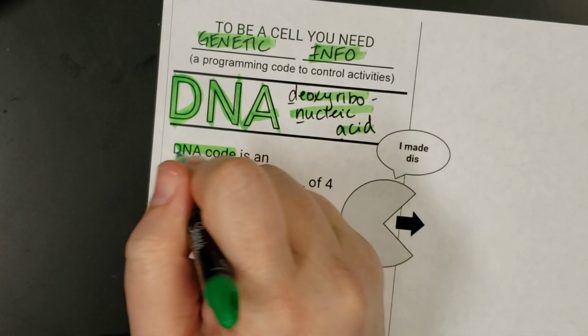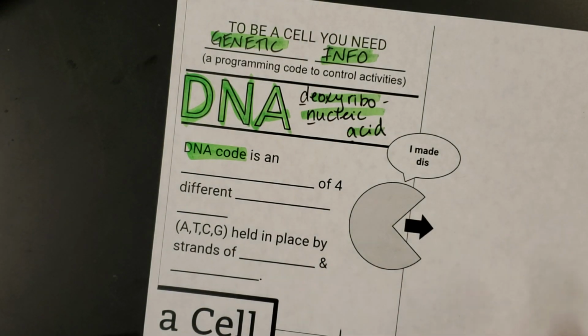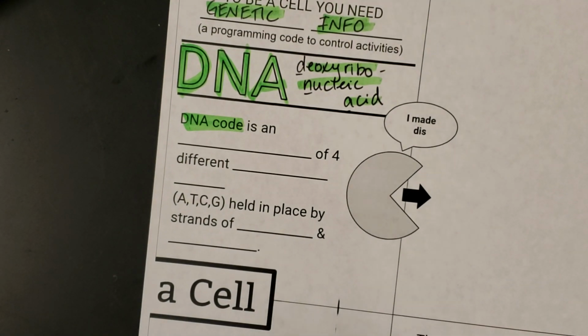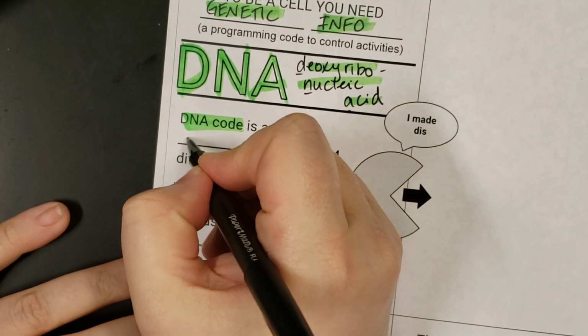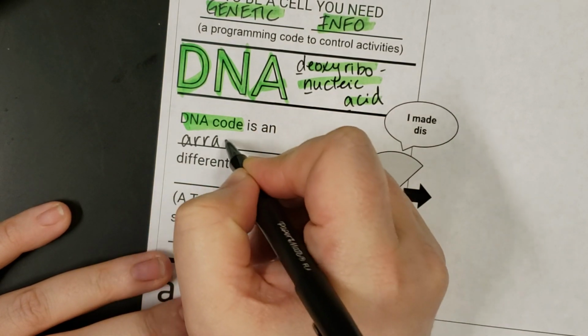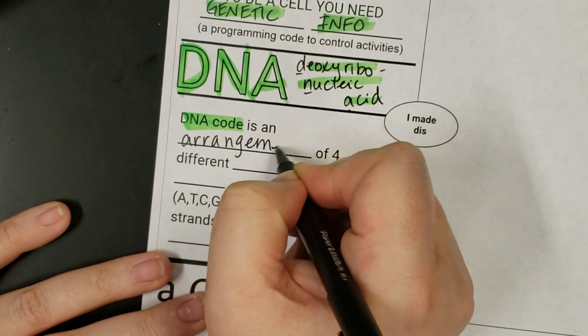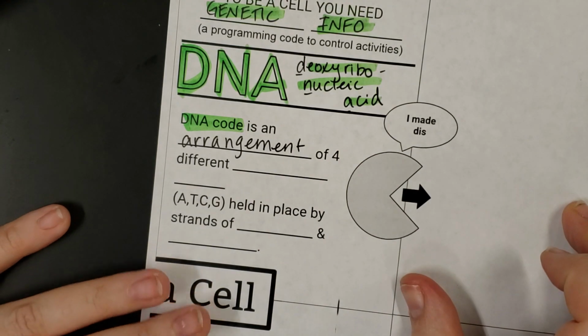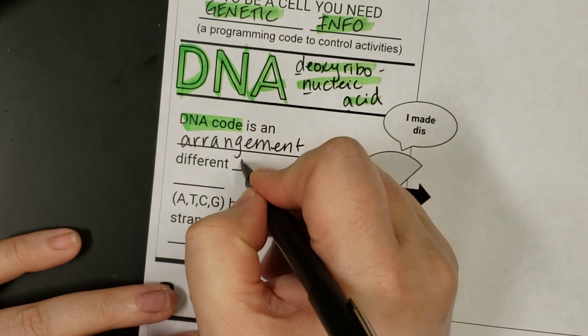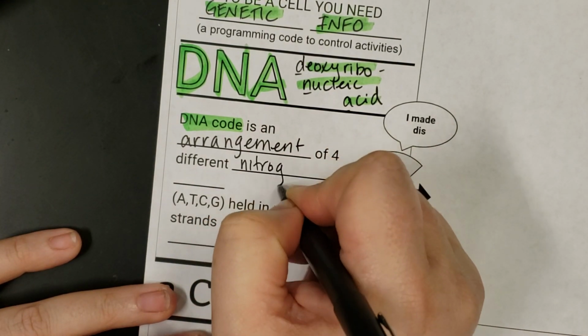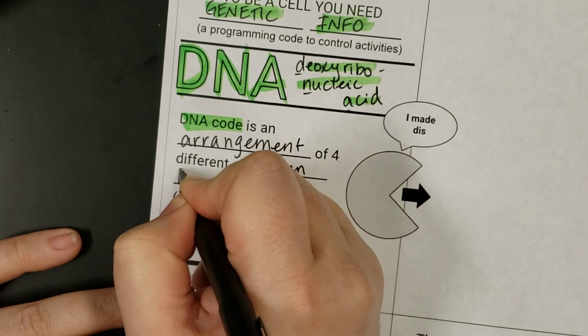Okay, so DNA code. What is DNA code? Well, DNA code is just an arrangement of 4 different nitrogen bases.